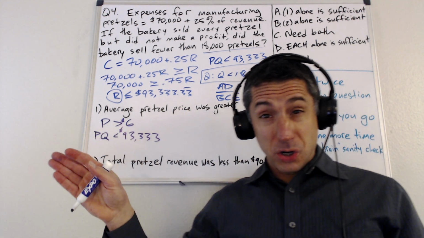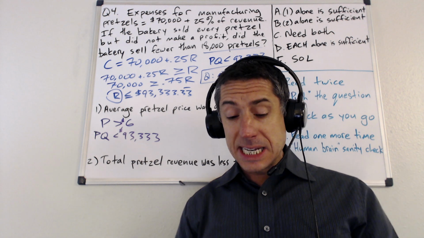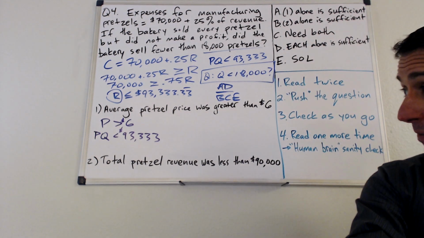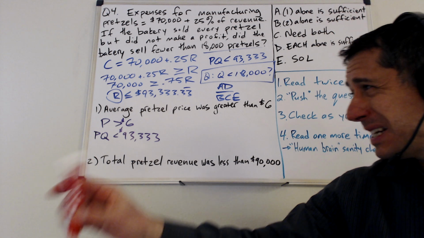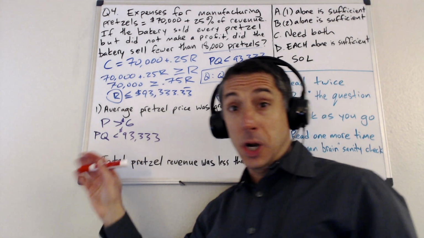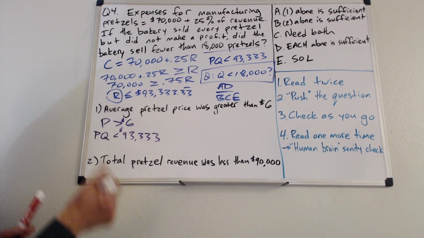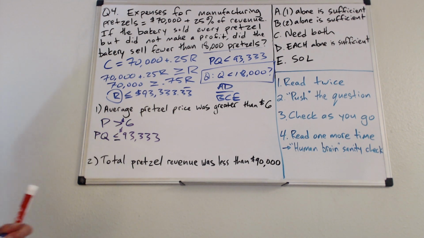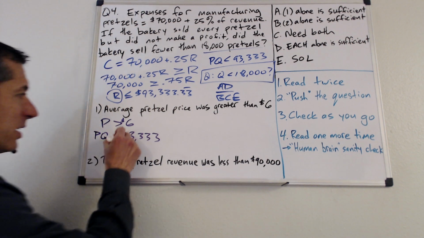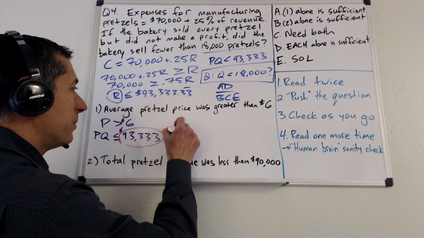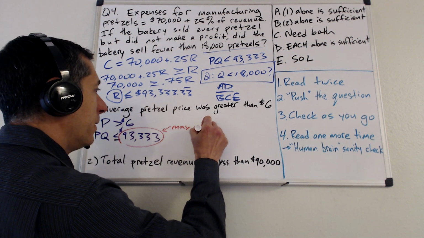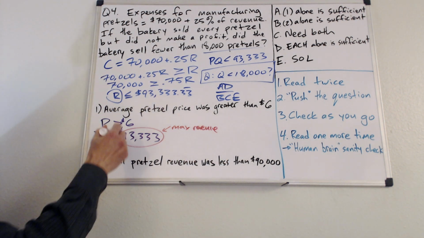But better, stronger, more consistent with what they're trying to test on data insights, data sufficiency on the GMAT Focus is, what if I just think about this logically? I've got a ceiling on the revenue, right? I'm sorry, I forgot that it's less than or equal to. So this number right here is your max revenue, barring a few cents there.